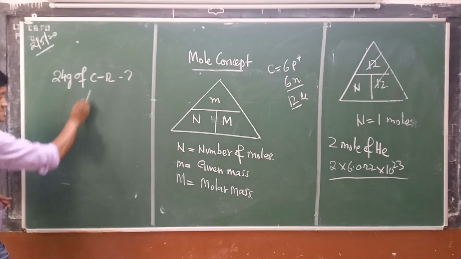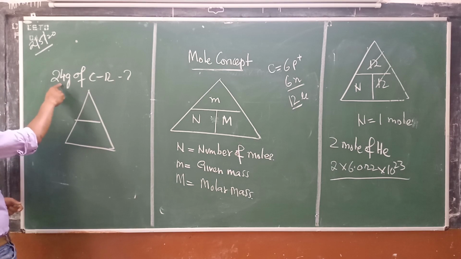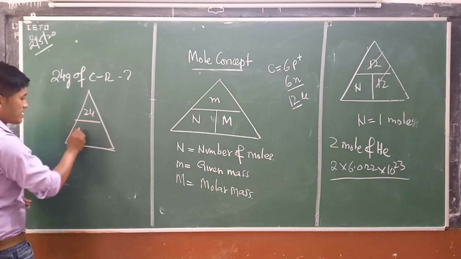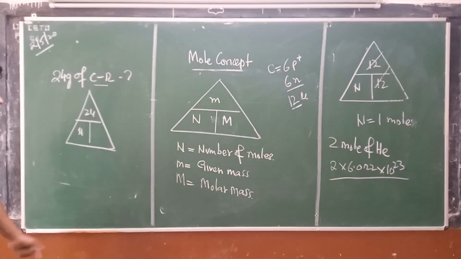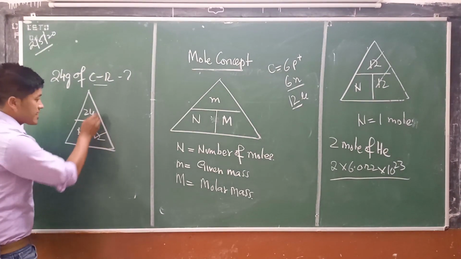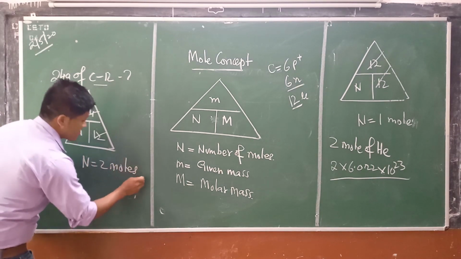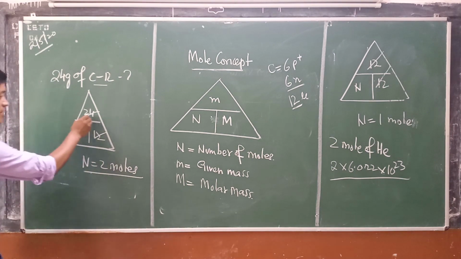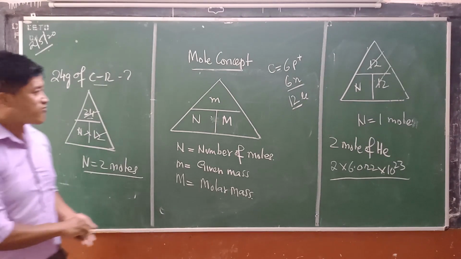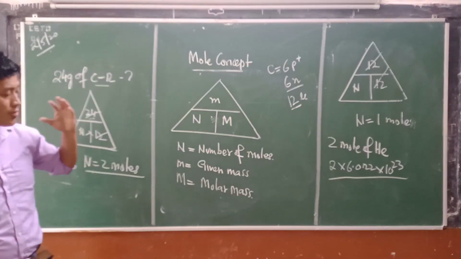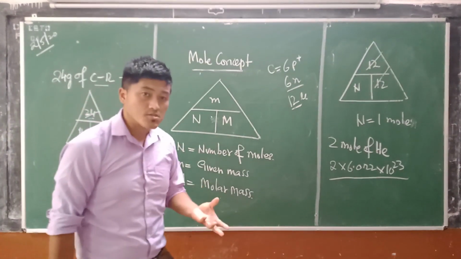We write the triangle once again: given mass is 24, number of moles is n, and the molar mass of carbon-12 is 12. When you cancel, the number of moles is equal to 2 moles. To find the number of particles, we multiply by 2. This is how we use this concept in measuring the number of moles.